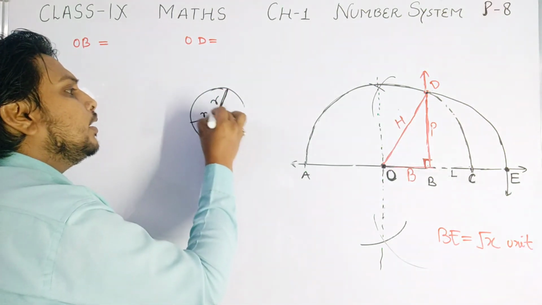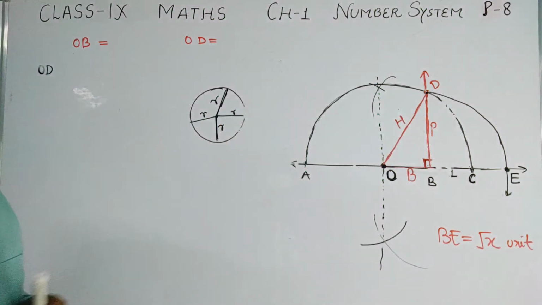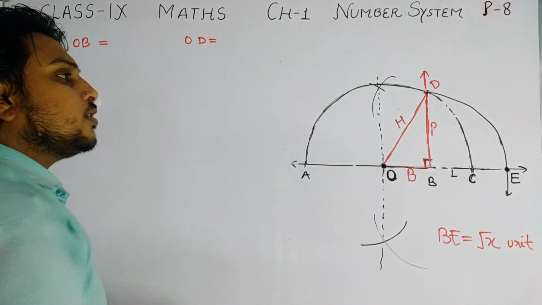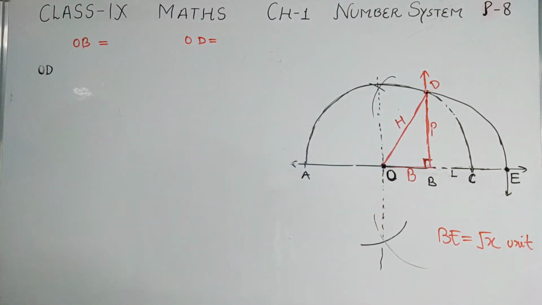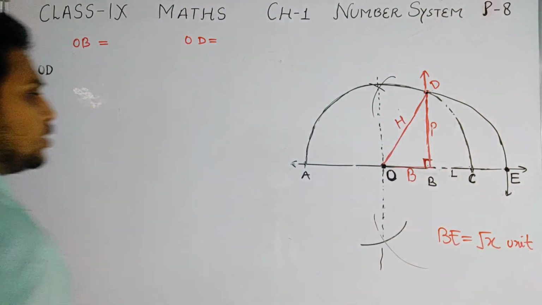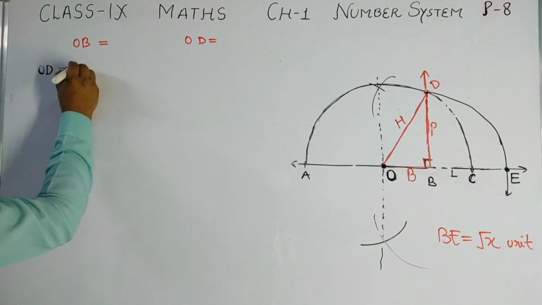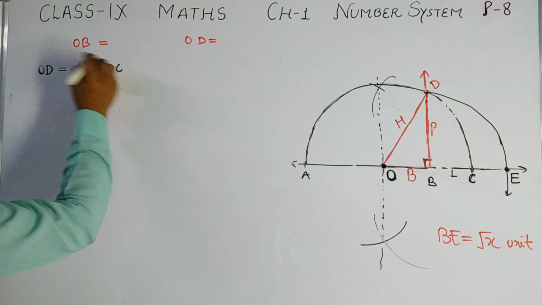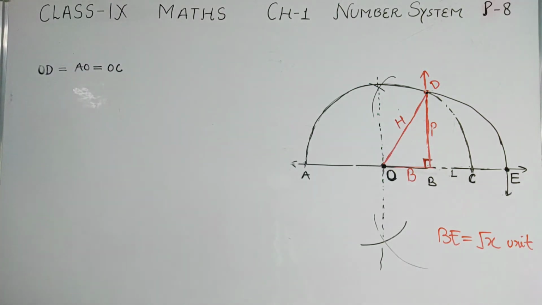Basically this is the radius of this semicircle, and the radius is AO or OC. So OD is equal to AO is equal to OC.